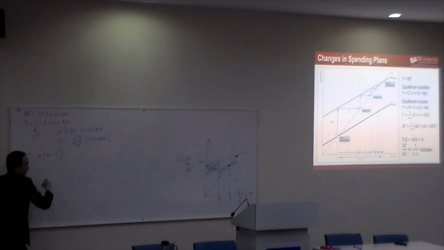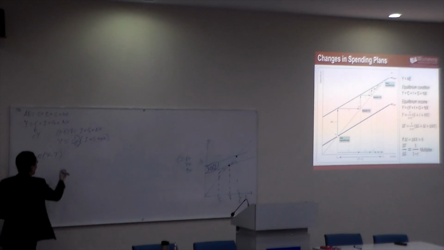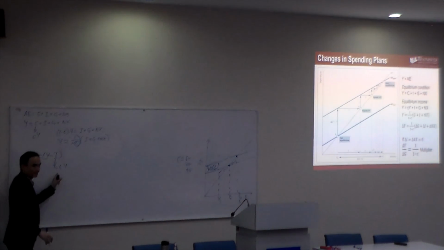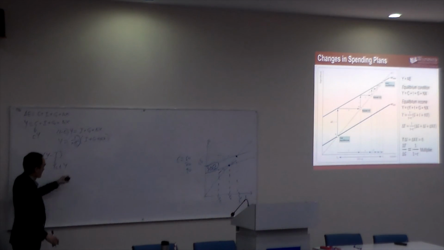Disposable income. Yes? And that is income minus tax, where tax itself is equal to tax rate times output, right? This much tax is generated from our total income.